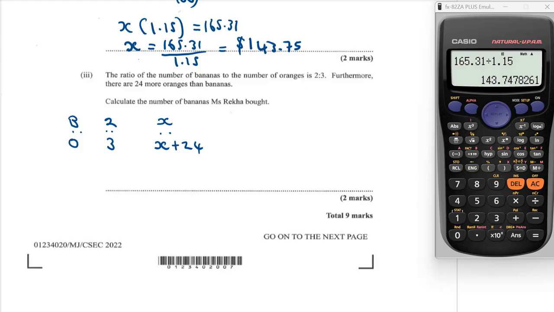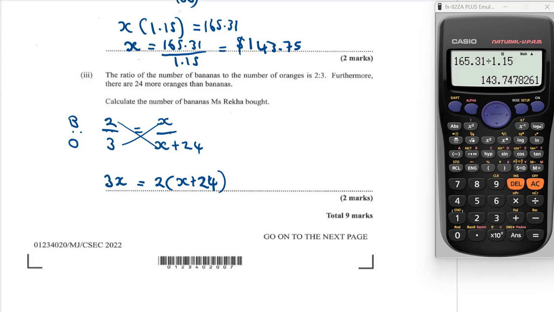Now we can equate both of these things together. So if we say that the ratio 2 to 3 is equal to the ratio of X divided by X plus 24, so we can cross multiply. 3x is equal to 2 times x plus 24, all in brackets.